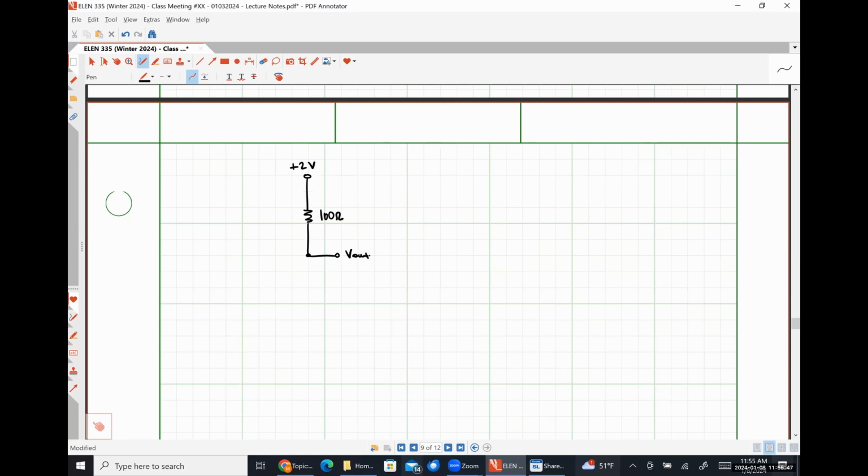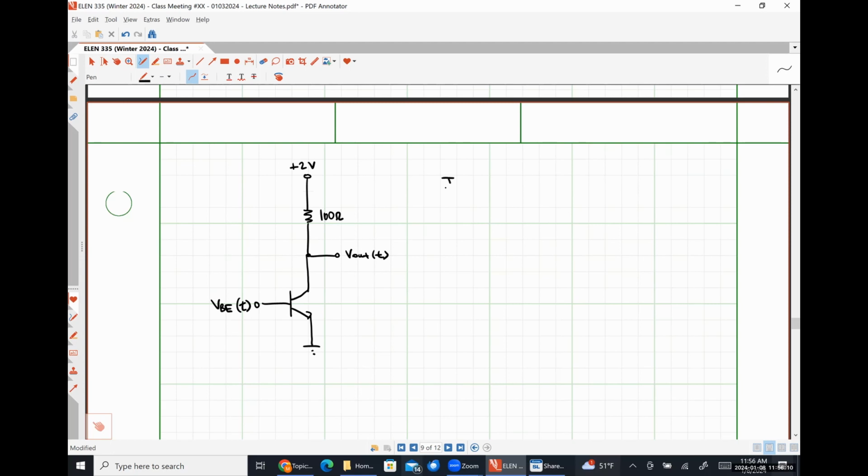This is going to be my output voltage as a function of time. And this is going to be effectively my input voltage as a function of time.